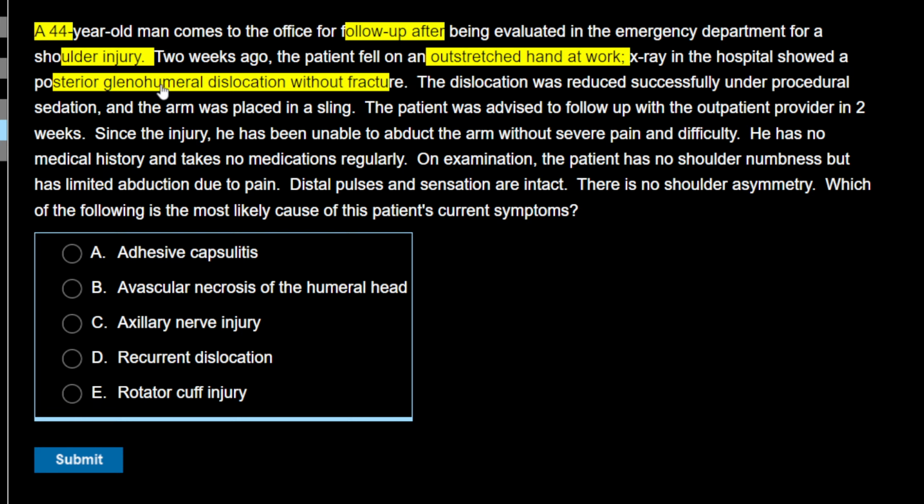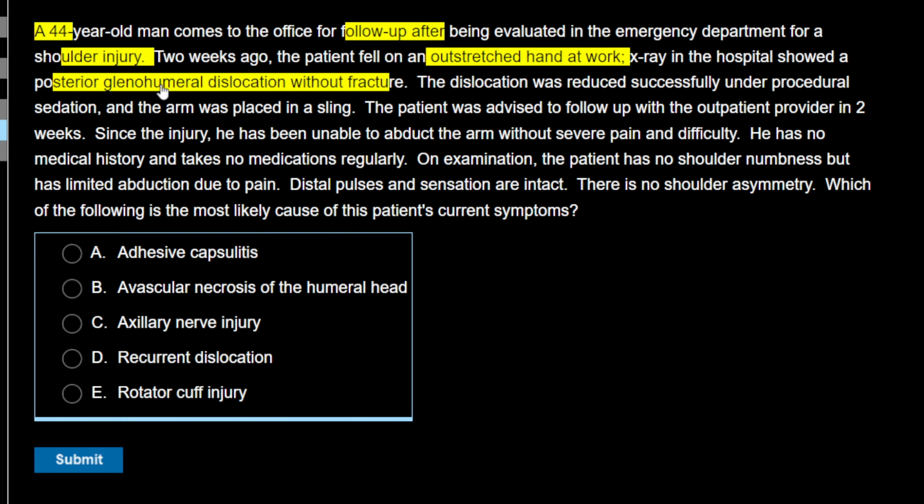He has no medical history and takes no medications regularly. On examination, the patient has no shoulder numbness but has limited abduction due to pain.